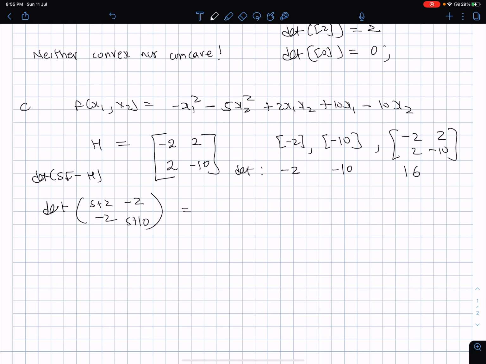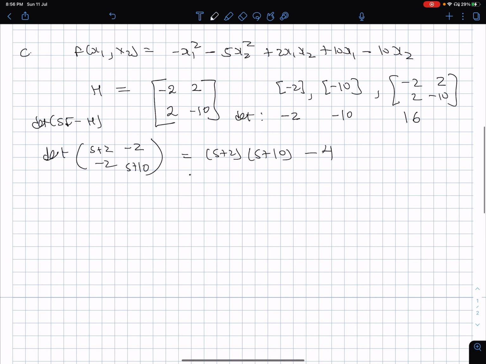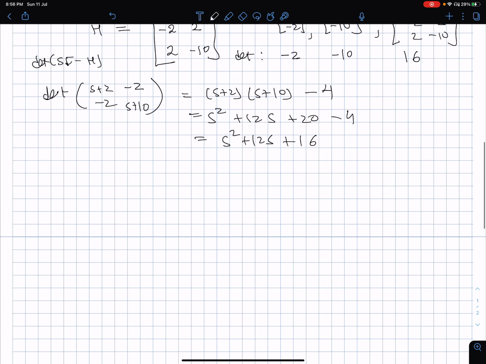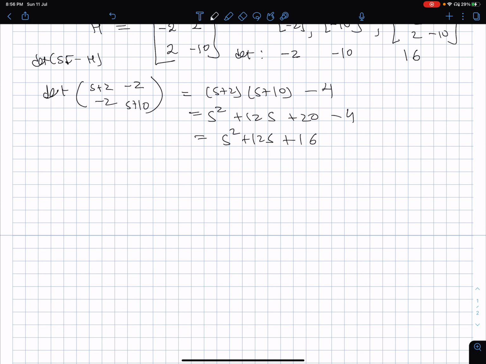So now this is going to be s plus 2 into s plus 10 minus 4, which is equal to s square plus 2s plus 10s, that is 12s, plus 20 minus 4, or s square plus 12s plus 16.